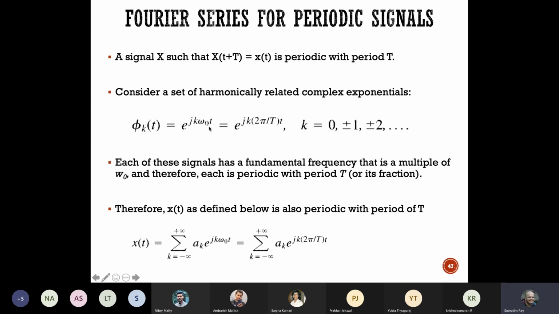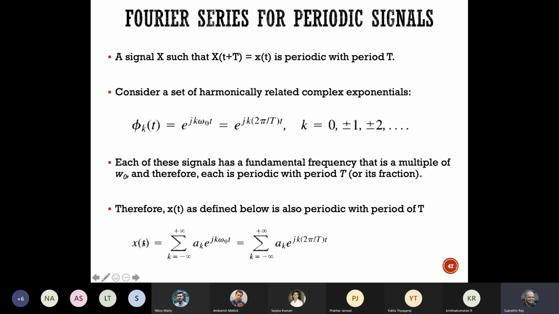Then we consider a set of complex exponentials written like that. Here, notice that this t comes here. So this fundamental frequency is omega naught, 2 pi by t. And the complex exponentials are just multiples of omega naught. So it's omega naught, 2 omega naught, 3 omega naught, and so on.